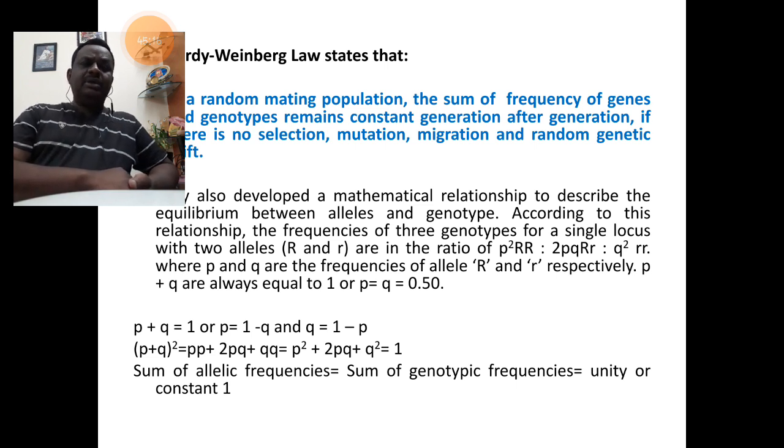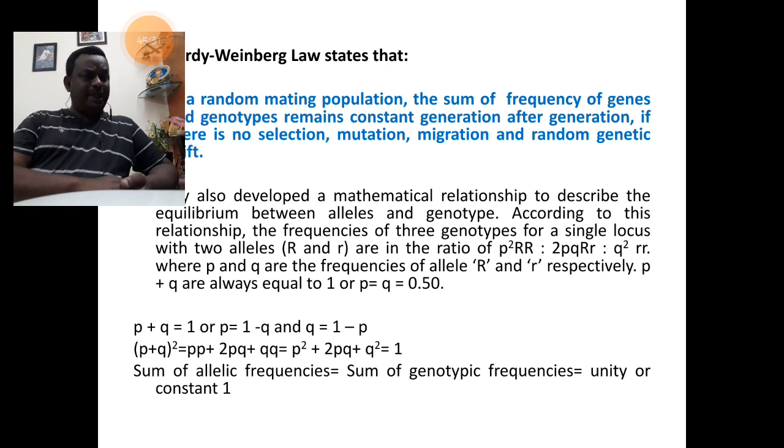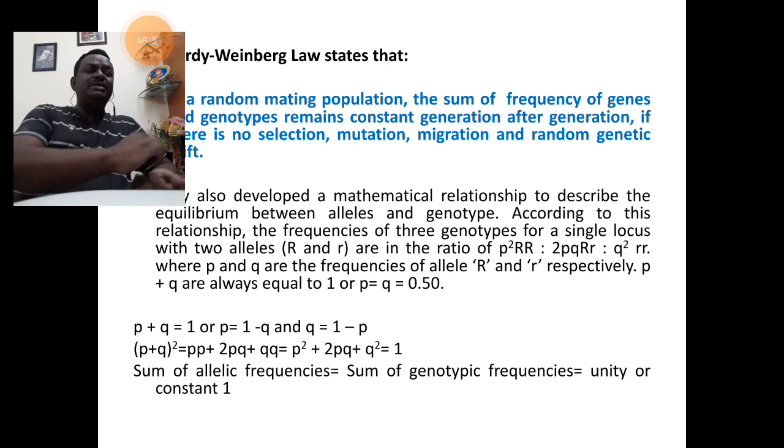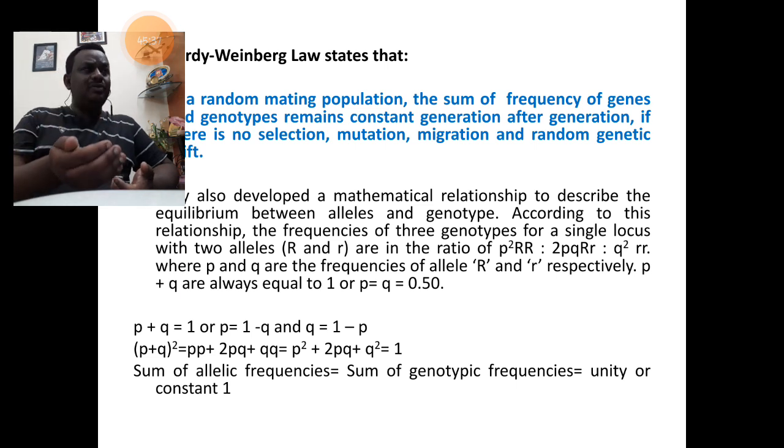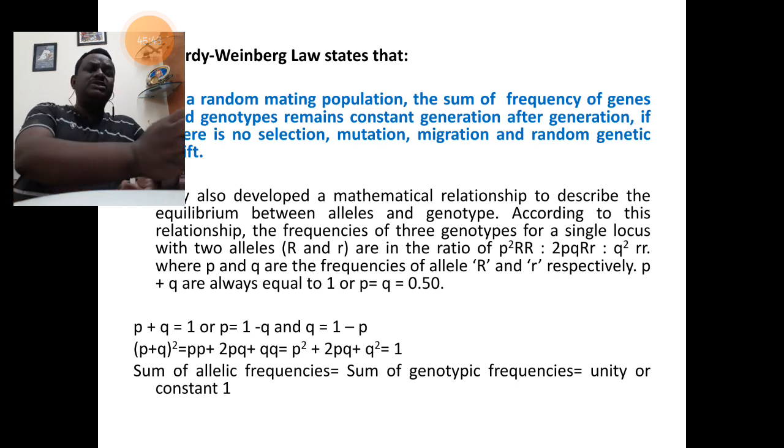Now, if we know the allelic frequency of one particular allele, let us say P, then we can also easily calculate the Q value. Q is equal to 1 minus P. If we know the value of Q, we can easily find out the value of P, 1 minus Q. So P plus Q is equal to 1.